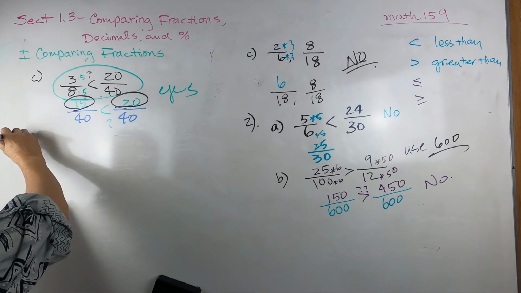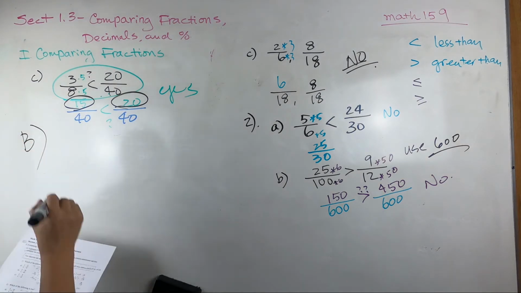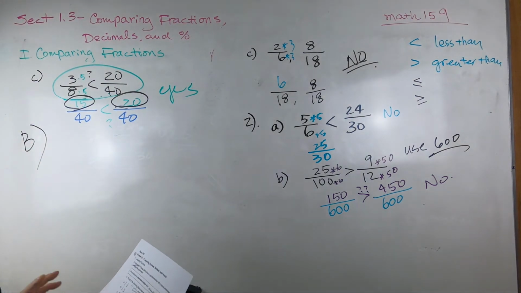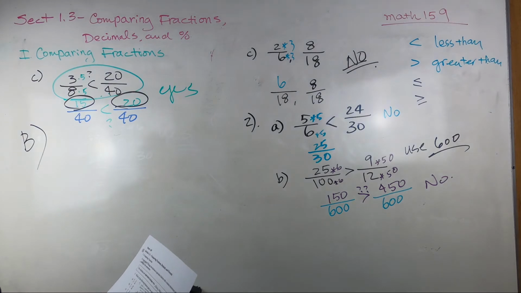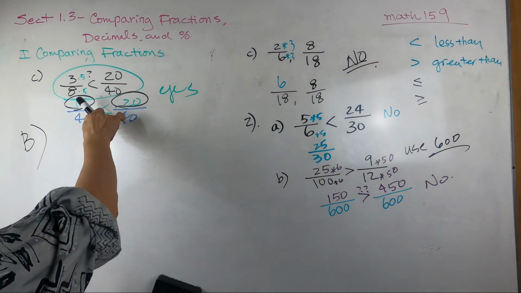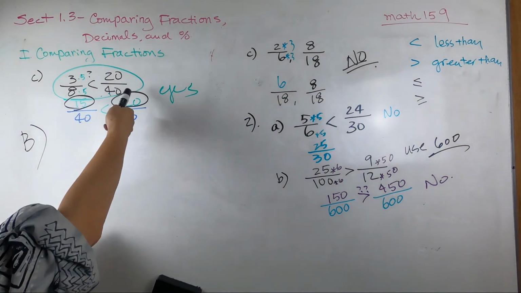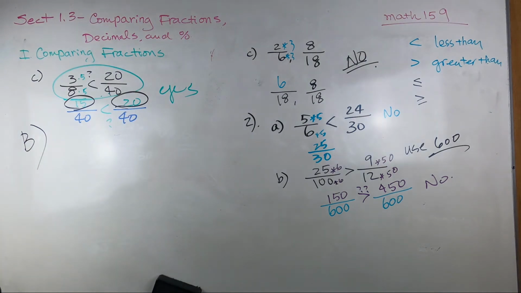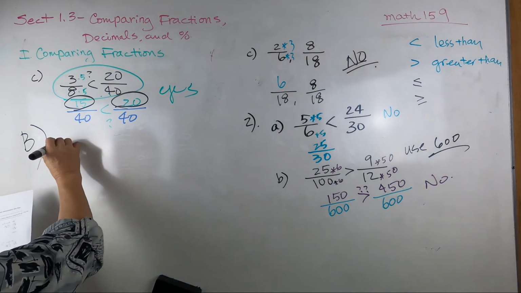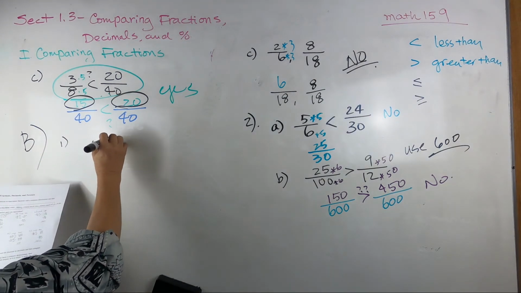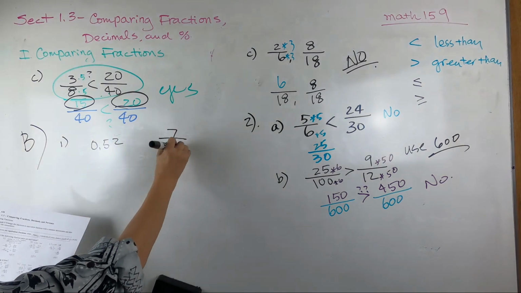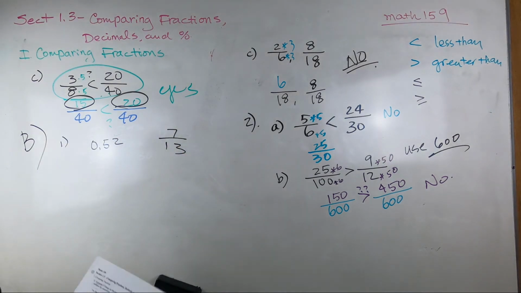Okay, then let's see the next one, use the calculator to compare. If both are fractions, you can just change them to decimals and compare them as well, right? That's your second approach. And if we want you to compare, and one is a decimal, one is a fraction, and we ask which one is bigger, which one is smaller, how can you tell?